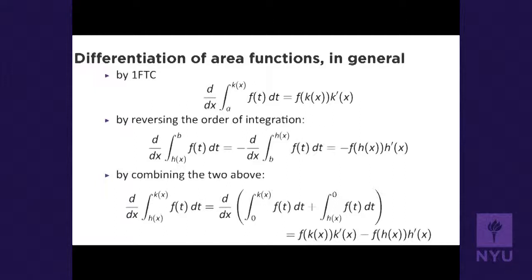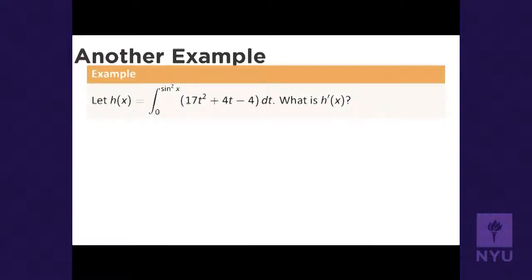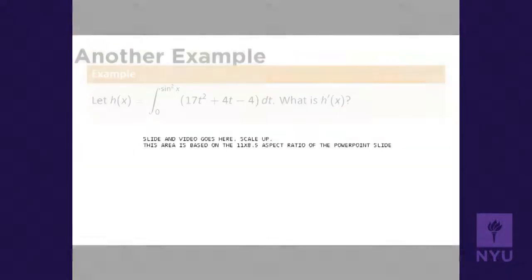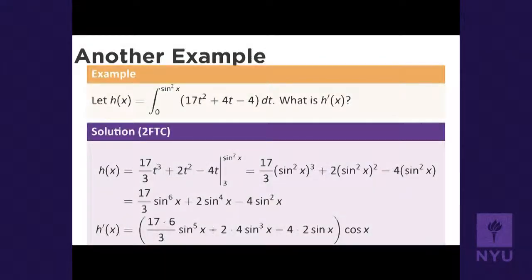So then, let's look at another example. We'll do the integral from 0 to sine squared x of 17t squared plus 4t minus 4. So here is the method with the first fundamental theorem of calculus. A nice way to summarize the first fundamental theorem is that the derivative of the integral is the integrand.